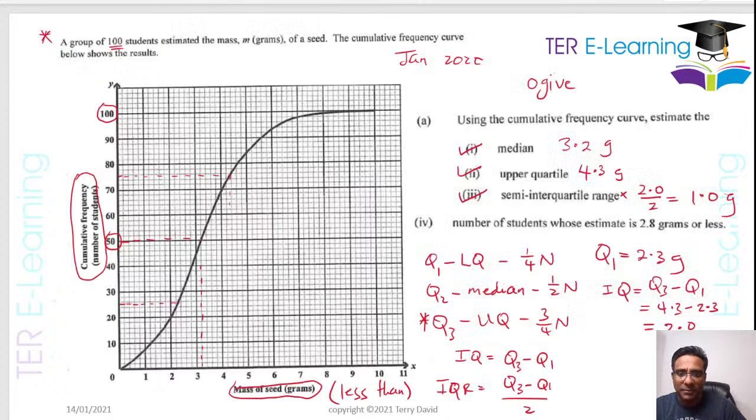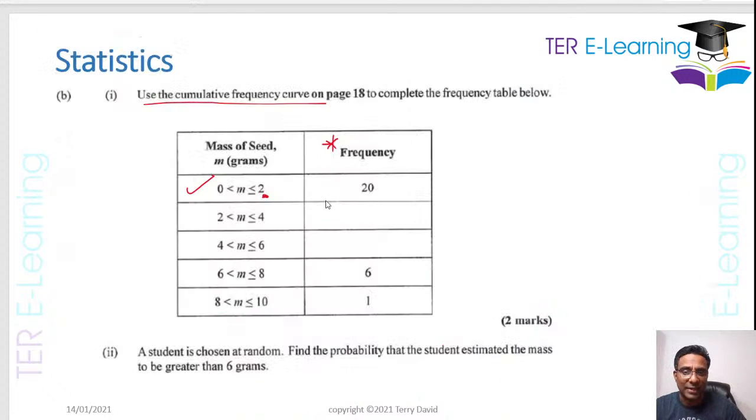When I go to the graph and read off 2, you realize that it corresponds to 20 students. So 20 students estimated the mass to be less than 2 grams, so that's how they got 20 as this figure here.